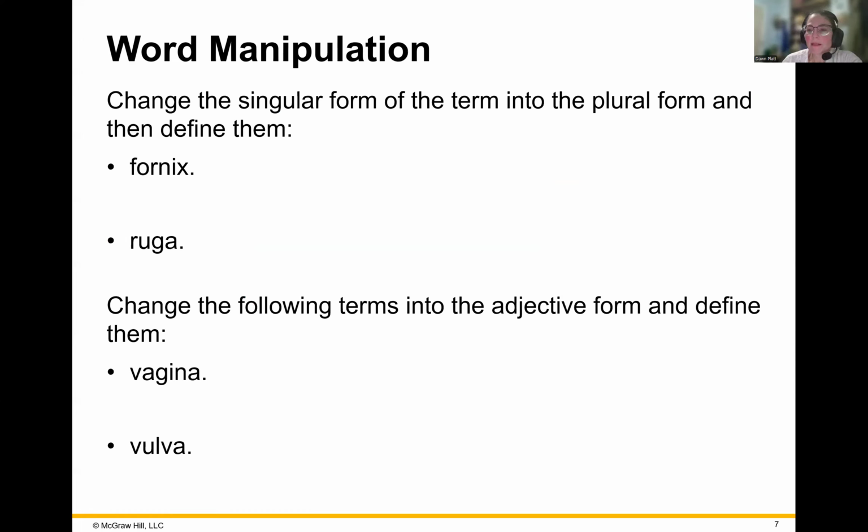Some other word manipulation you'll see: fornix, fornices, ruga and rugae, and then changing the terms into an adjective form. So vagina goes to vaginal, and vulva to vulvar.